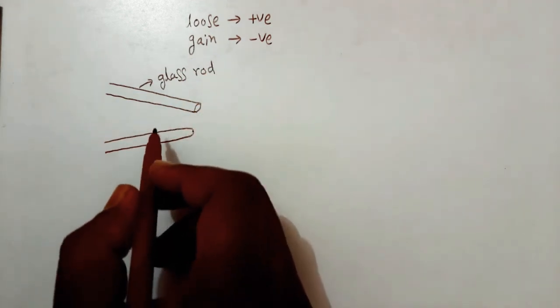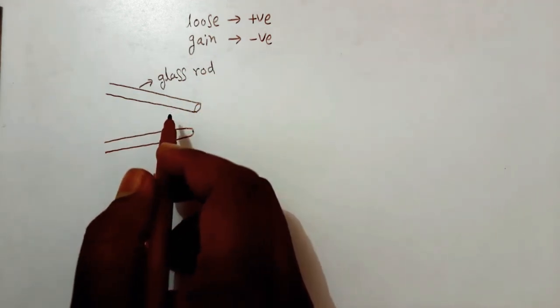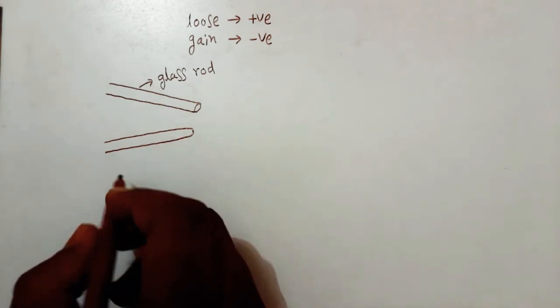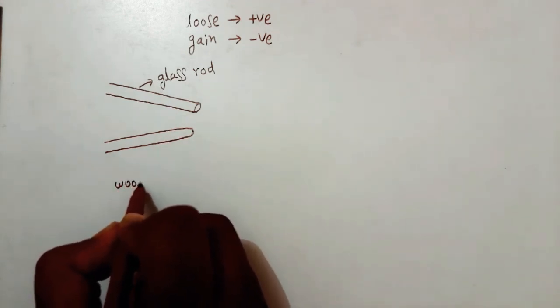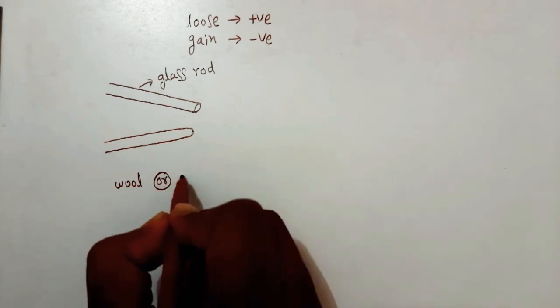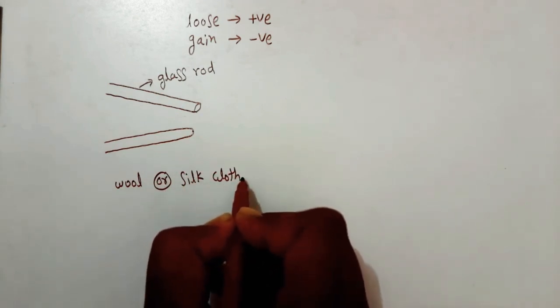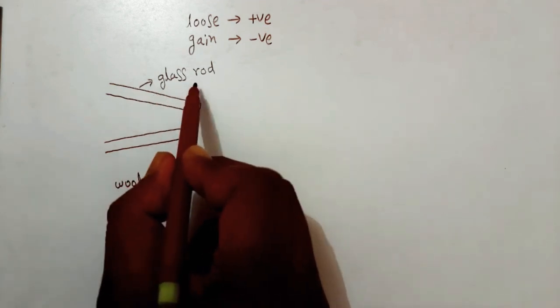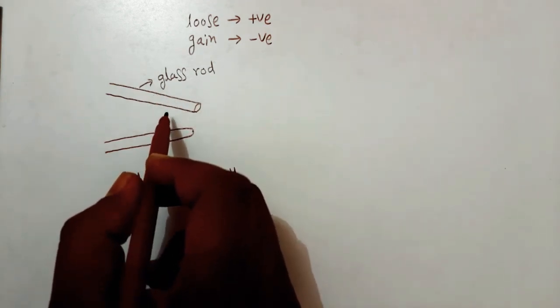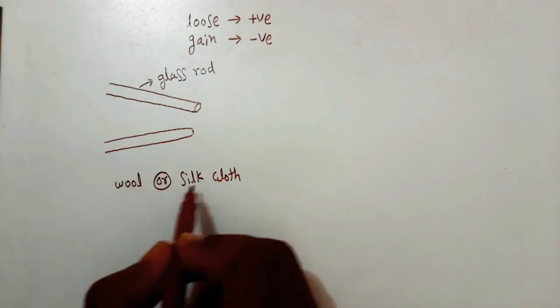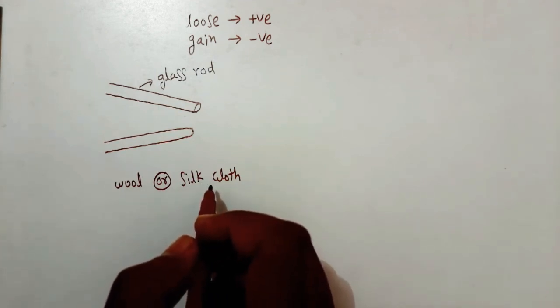If two glass rods are rubbed with wool or silk cloth, this glass rod gets positive charge and the wool or silk cloth gets negative charge.